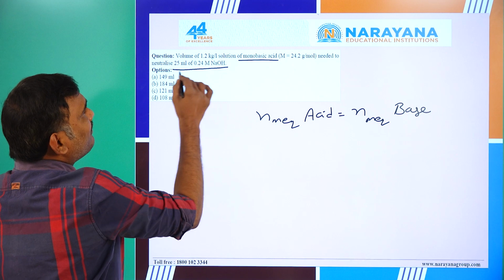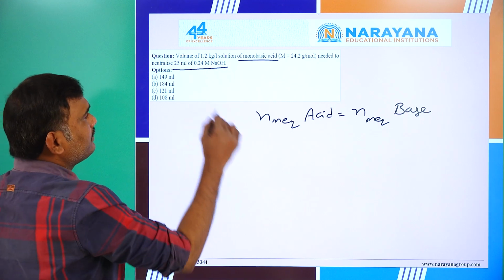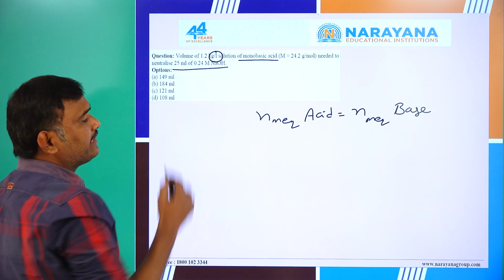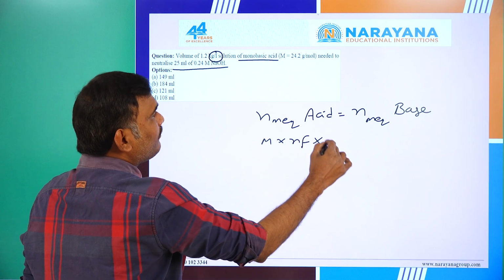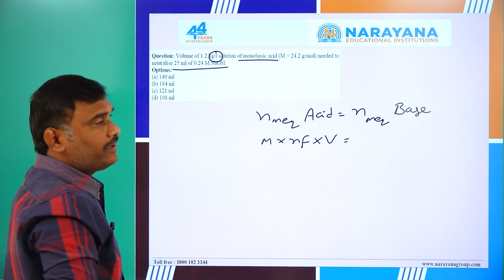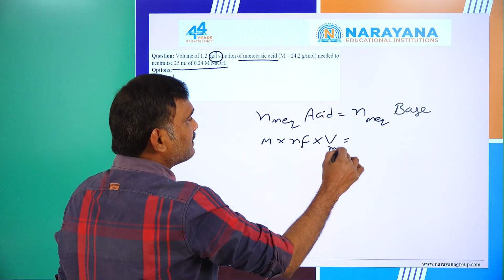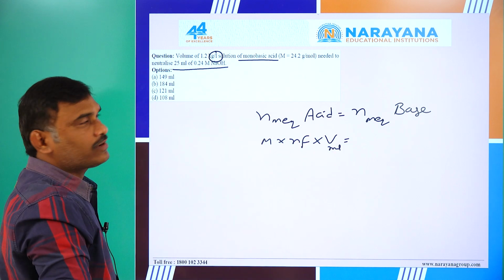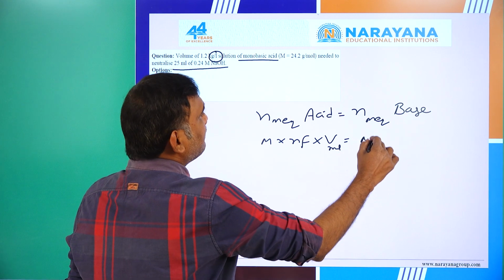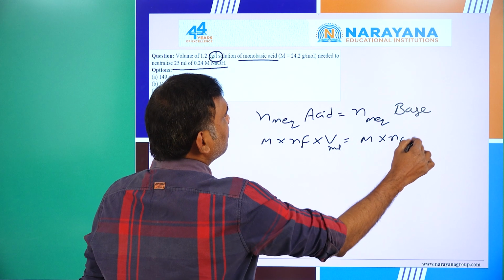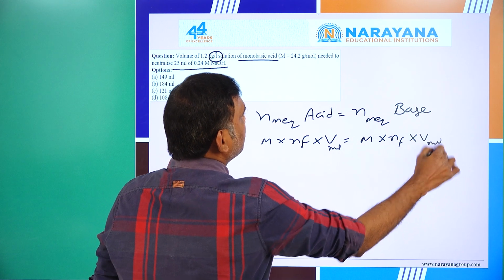The number of milliequivalents of acid is molarity into n factor into volume in milliliters, and the number of milliequivalents of base is molarity into n factor into volume in milliliters.